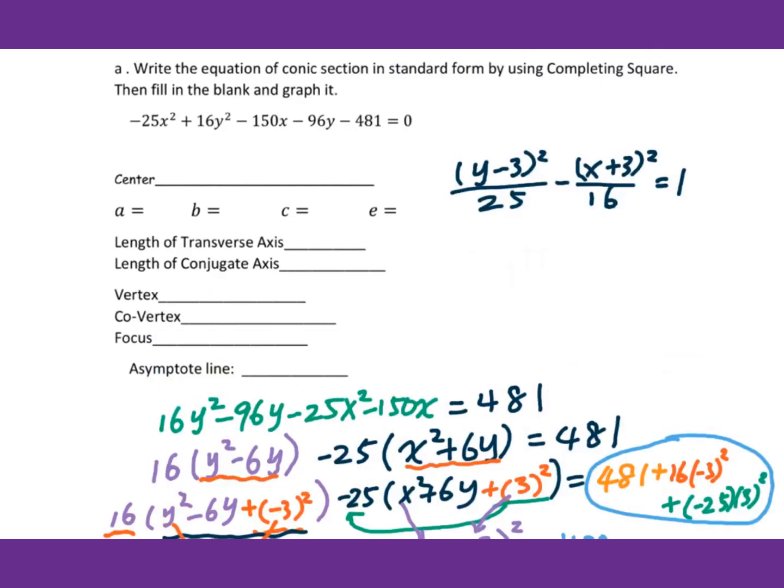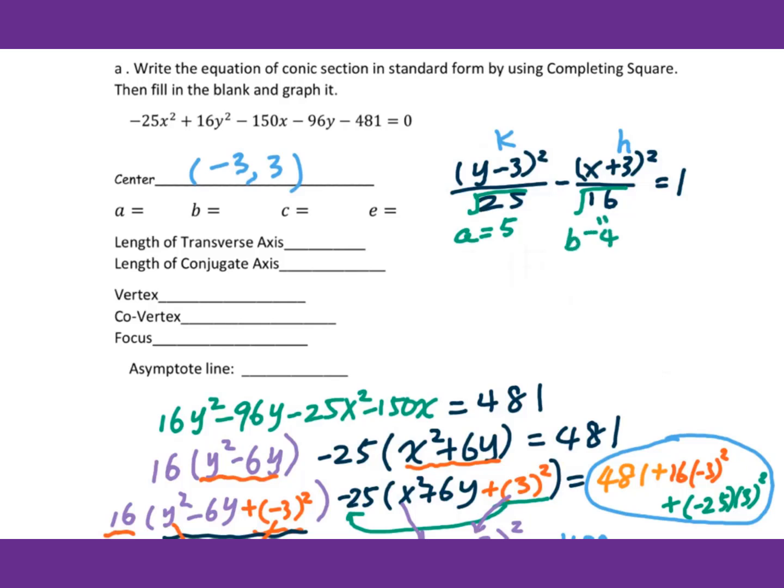Let's figure out the center. This is h, here's k. Inside is the opposite because you have the square, so we get negative 3, 3. The denominator under the first term, square root of 25, that's 5. This will be a. A is always in the first term position. Then we do square root of 16, that is 4.